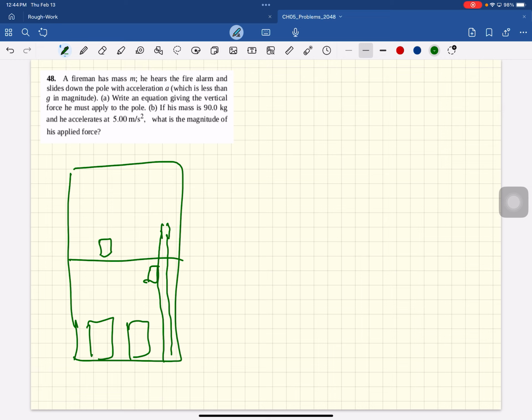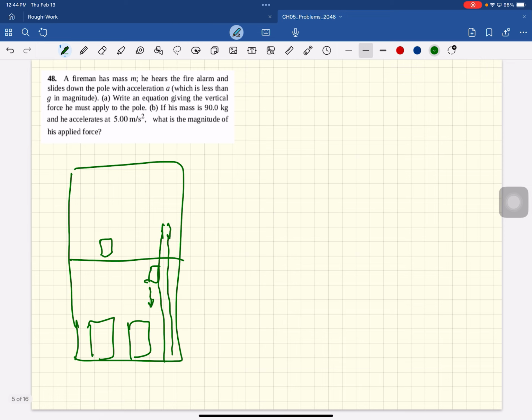Okay? And you don't want g for your acceleration. So you grab onto the pole, you apply a friction force, okay? There is the force of gravity, and there is the friction force that you apply, to slow down your fall.